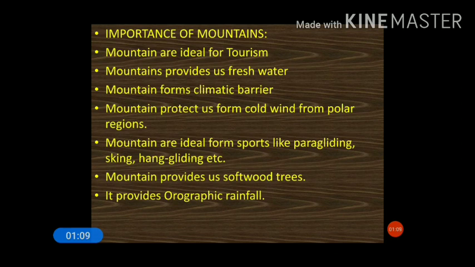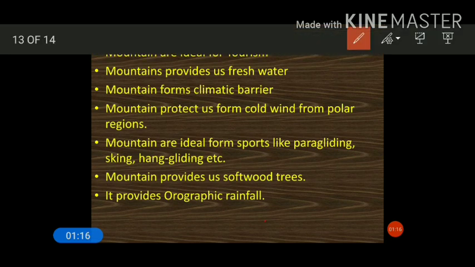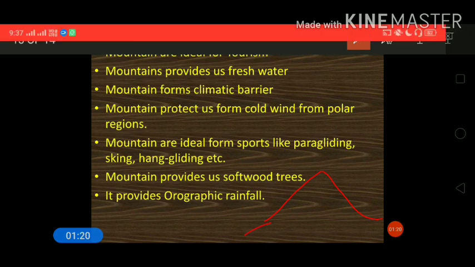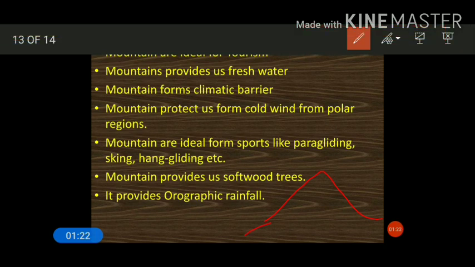Now coming to the next, it provides us orographic rainfall. In the mountainous region, especially regions having high mountains, experience orographic rainfall. So what is orographic rainfall? Moisture-laden wind, or the wind carrying water vapor, will try to move along the direction of the mountain. Due to the existence of this mountain, the wind will rise up.